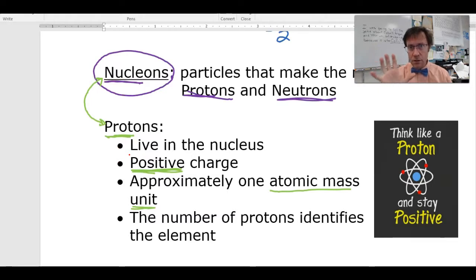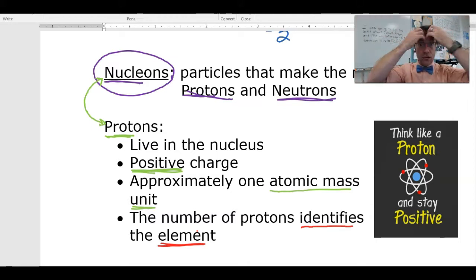The other thing we need to know that's really important about protons is that the number of protons identifies the element. It's literally like the social security number for an atom. Do you understand what I'm saying? So no matter what happens on the outside, like if electrons are gained or lost, and it becomes an ion, what makes it that particular element is the number of protons.